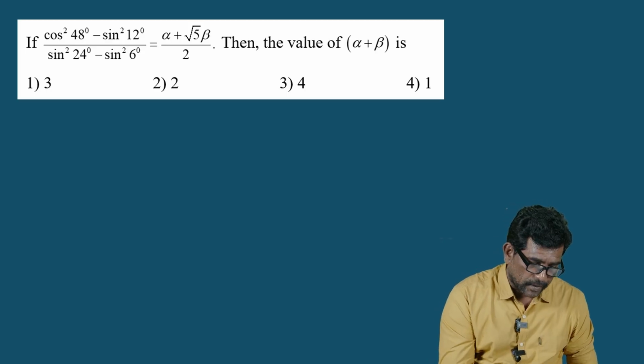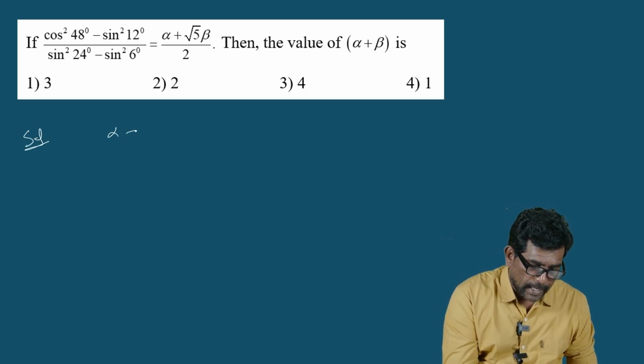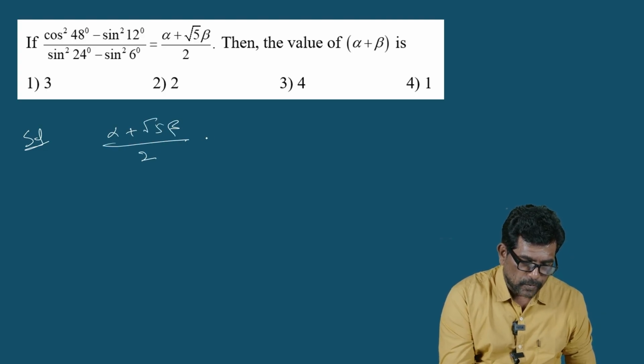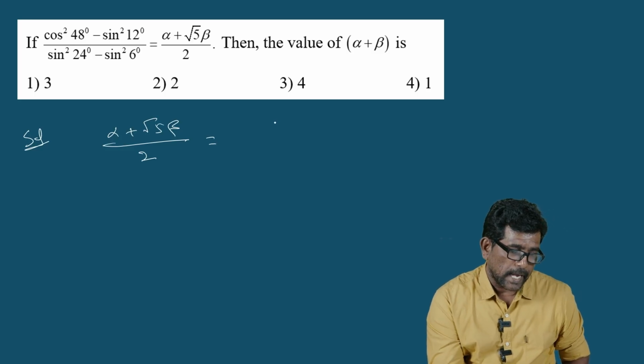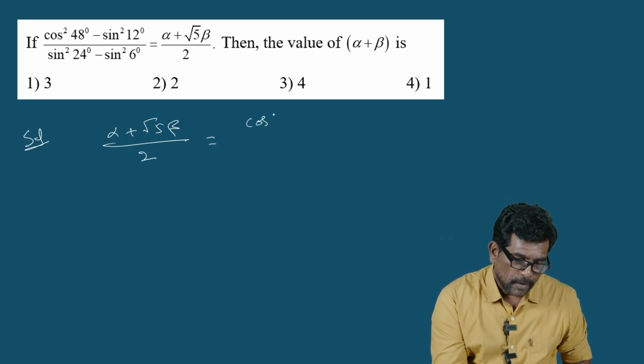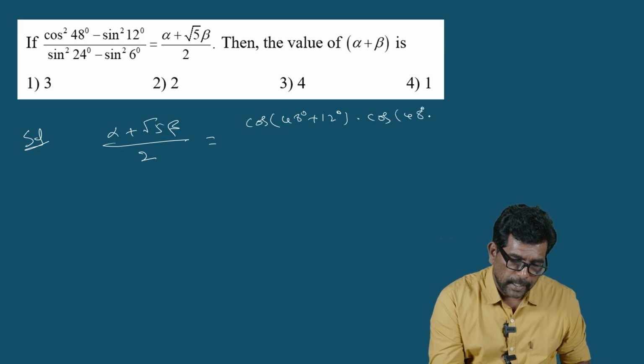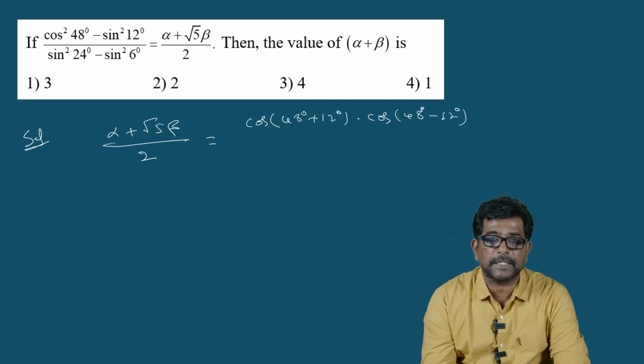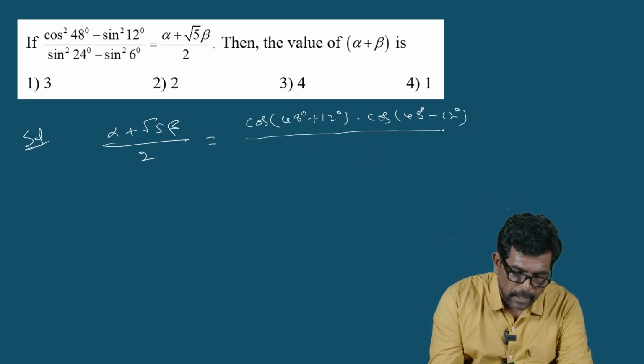So for the solution, I am writing: alpha plus root 5 times beta upon 2 is equal to cos square A minus sin square B, that is cos of A plus B, 48 plus 12 degrees, into cos of 48 minus 12 degrees, upon sin of A plus B, sin of 24 plus 6 degrees, into sin of 24 minus 6 degrees.